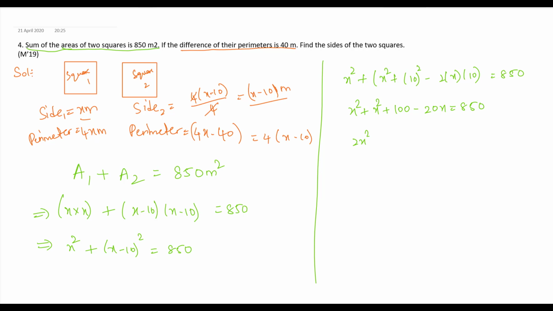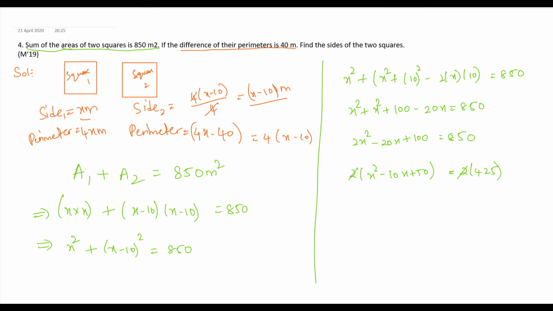So that is 2x square minus 20x plus 100 is equal to 850. Taking 2 common, we will be left with x square minus 10x plus 50, which is equal to, again 2 common over here, it is 425.